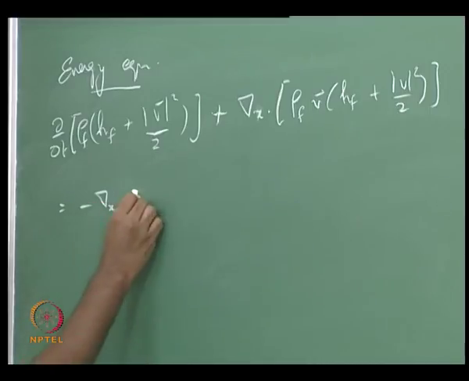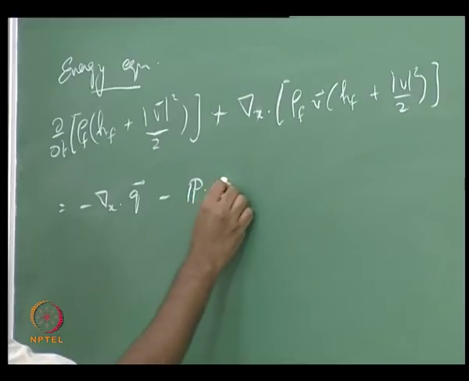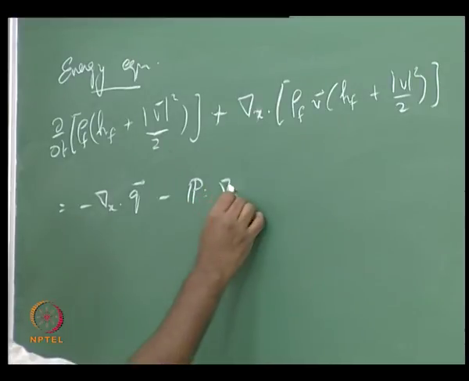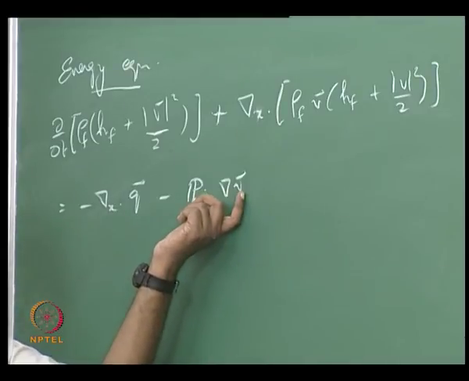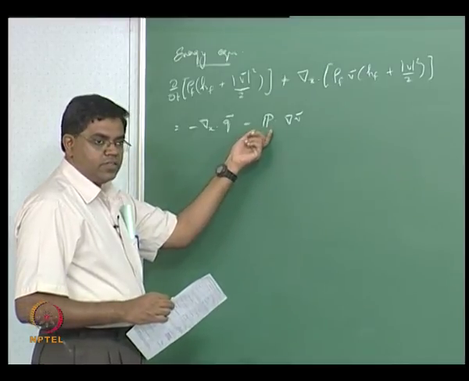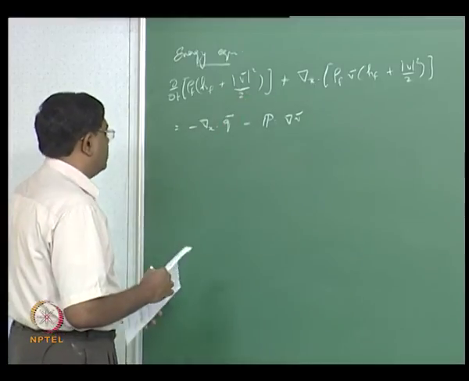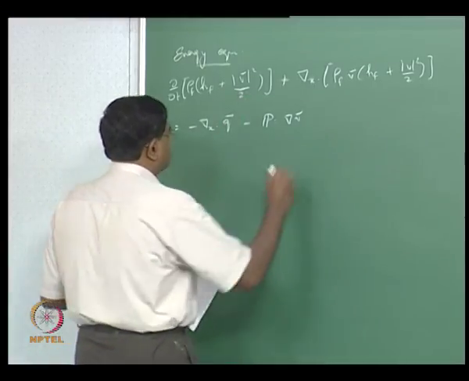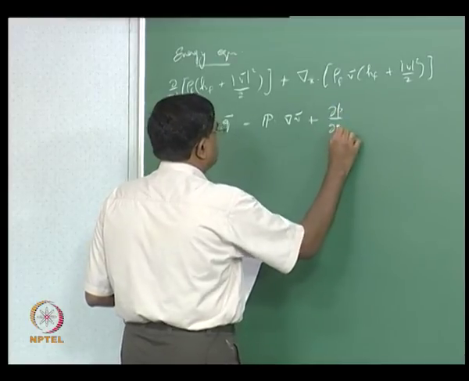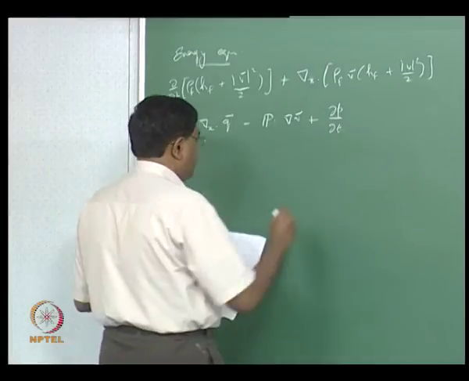divergence with respect to x of q vector minus the stress tensor dotted with gradient of v. Gradient of a vector is a tensor, and the stress tensor is a second order tensor. Therefore this is actually a double dot product, giving rise to a scalar finally as part of the energy equation, plus the partial derivative of pressure with respect to time.